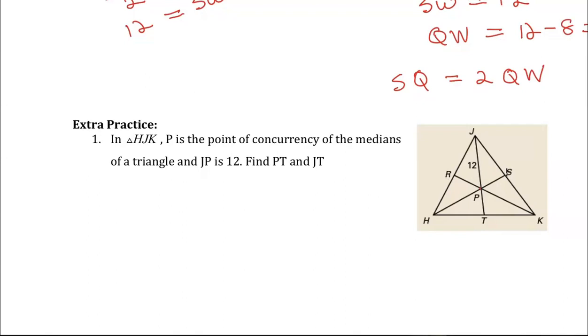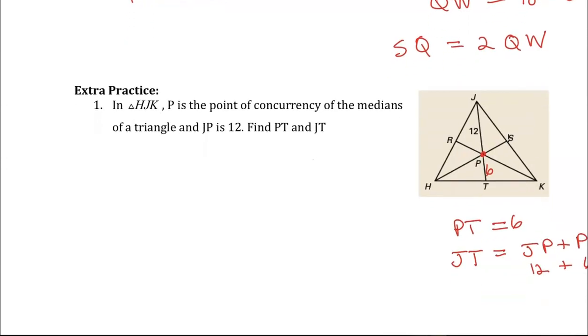Okay, so here's P as point of concurrency, and JP is 12. Well, if JP is 12, don't I know that PT is half of that? So PT is going to be 6. And since JT equals JP plus PT, and JP they gave us 12, and we figured out that 6, isn't it true that JT is going to be 18?